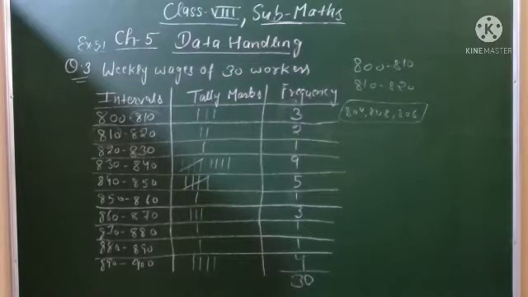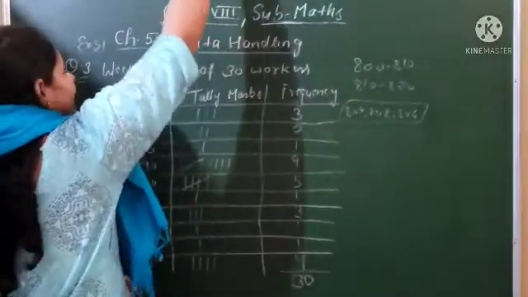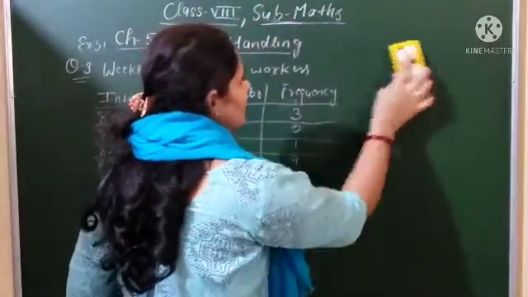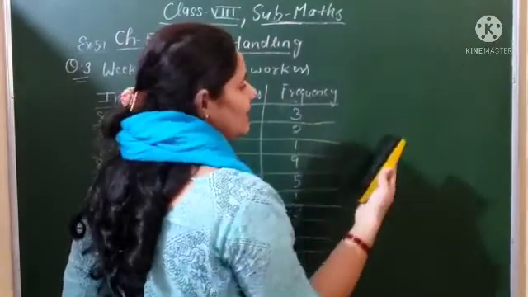Now in your question number 4, it is given: draw a histogram for the frequency table made for the data in question number 3 and answer the following questions. In question number 3, you have already drawn the frequency distribution table. Using this table, you have to draw the histogram, because here you are using intervals.